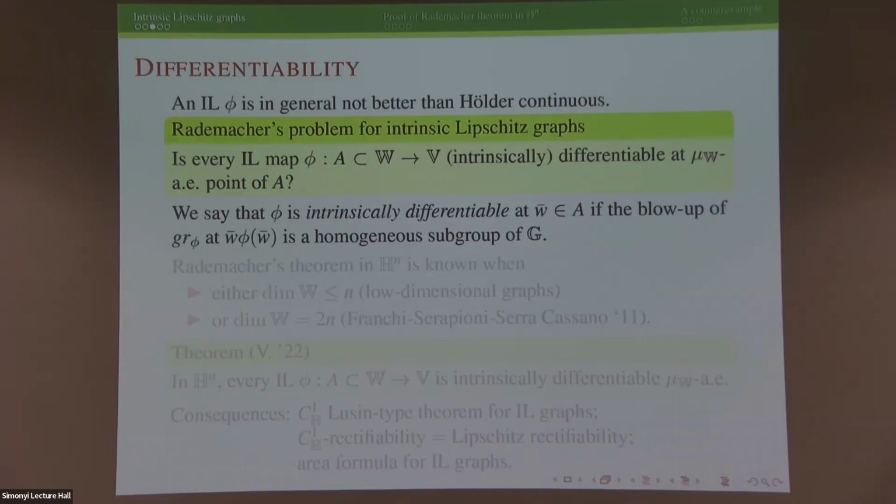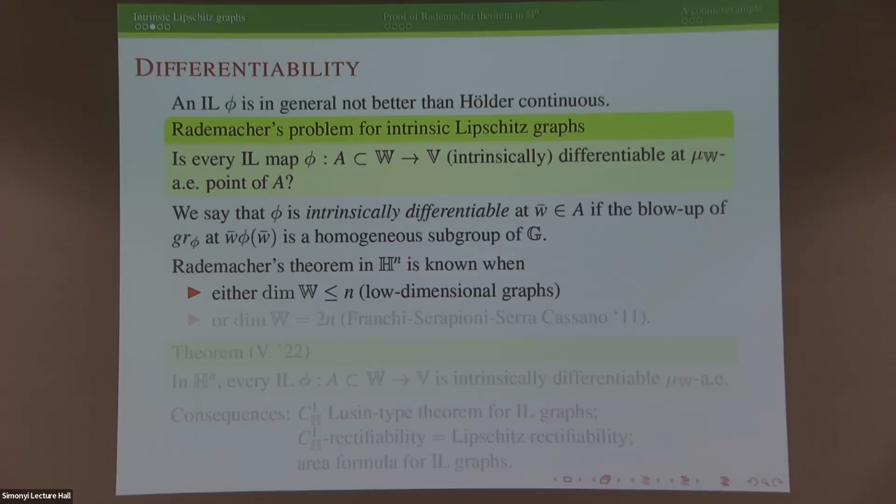Now, as I said, in the low dimensional case, when the domain W of the graph is horizontal and so abelian, everything more or less reduces to the classical case.